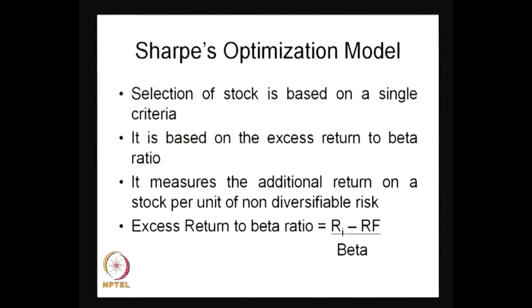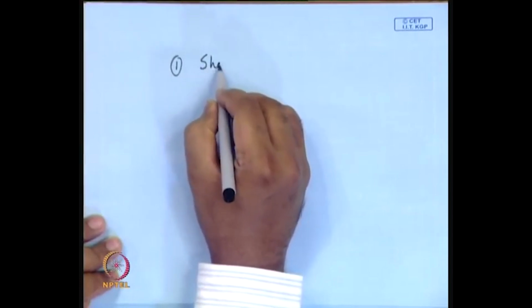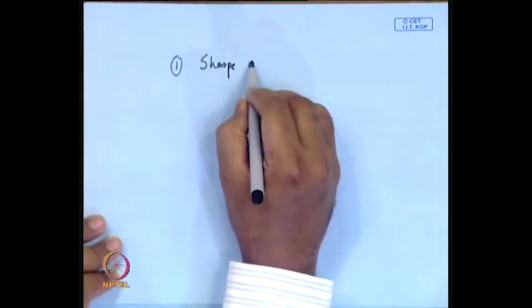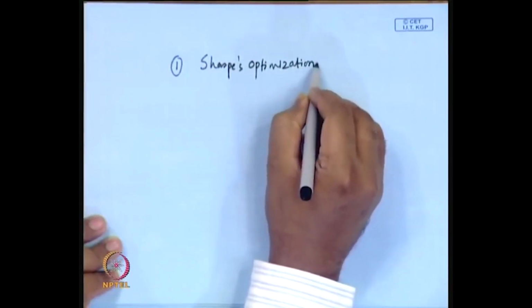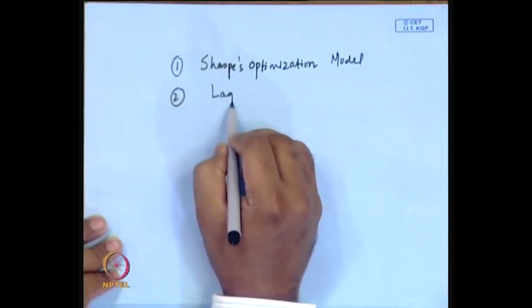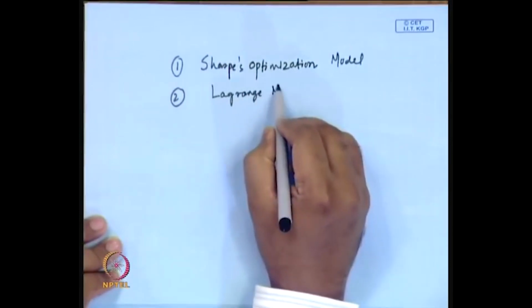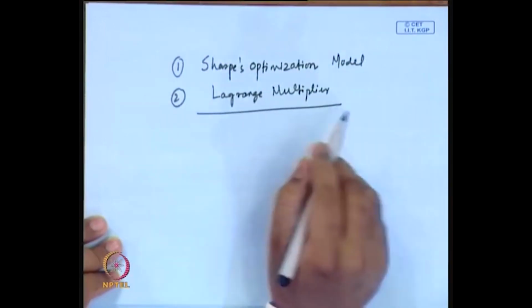Here, one of the models is the Sharpe optimization model. Another one is the Lagrange multiplier method, through which we can also decide how to allocate the funds.